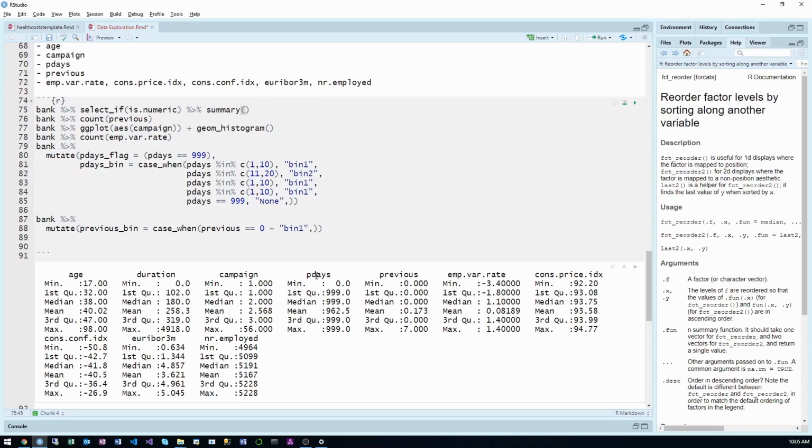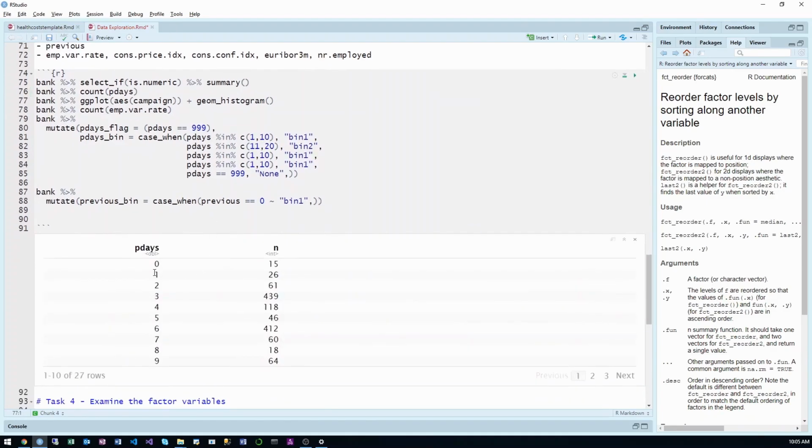So pdays has a lot of 999 values. You can see there are values from 0 to 1 to 2 to 3 to 4 consecutively up to 27, and then there are 40,999 values.